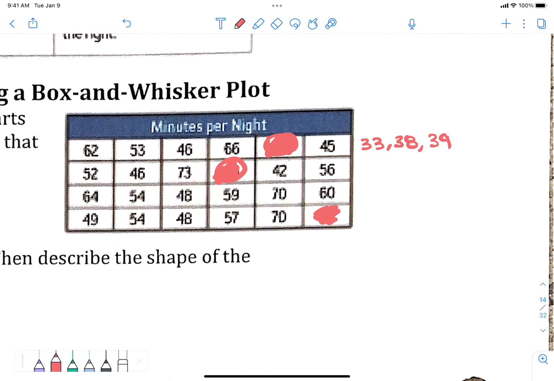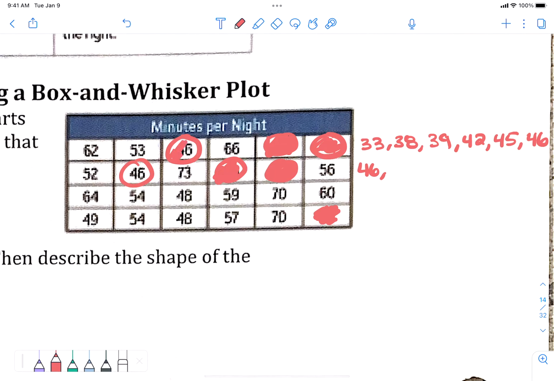I think that's it. Now the 40s. I see a 42. I see a 45. I see two 46s. Is this a 46 and this a 46? Yeah. So 46, 46.